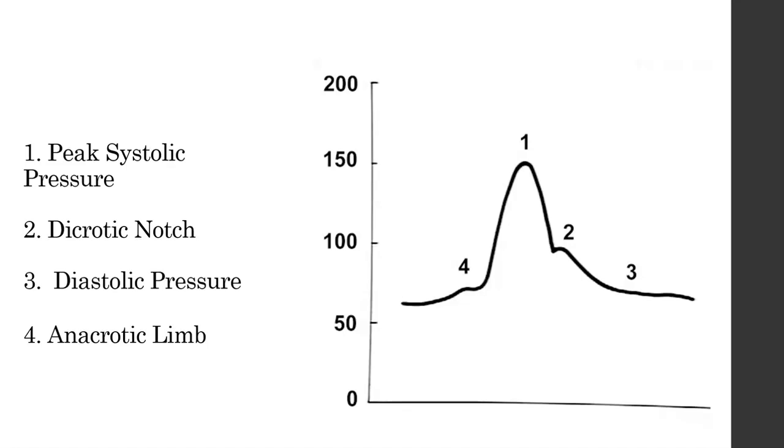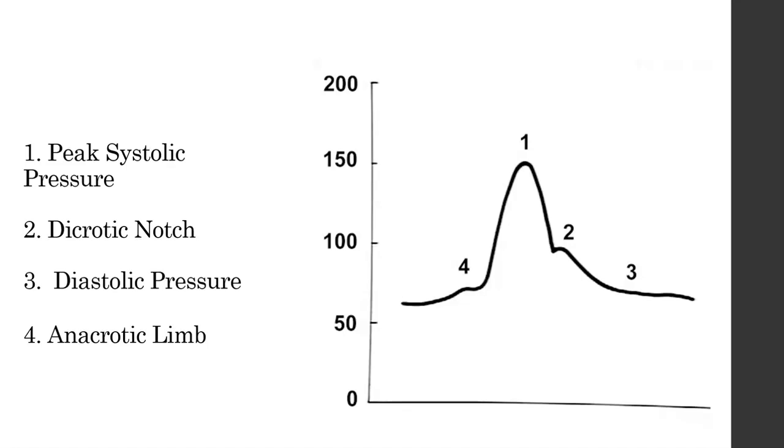Number 2 is the dicrotic notch, and the dicrotic notch is when the pressure in the ventricle falls below the pressure in the aorta. When the aortic valve closes, the notch is produced by the sudden closure of the valve, and this indicates the end of ventricular systole or the beginning of diastole. And then we have number 3, which is the diastolic pressure.